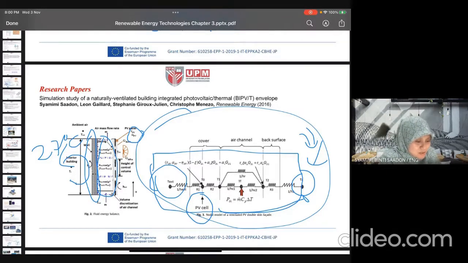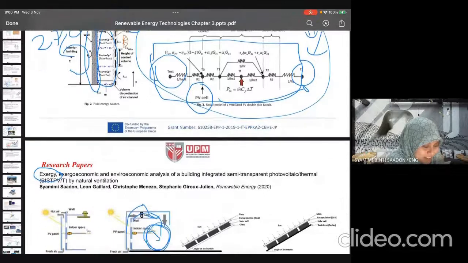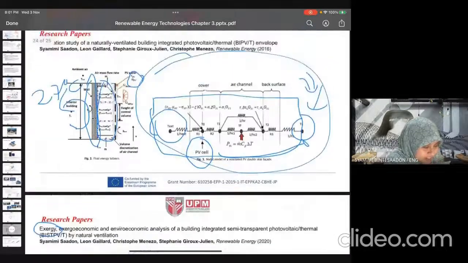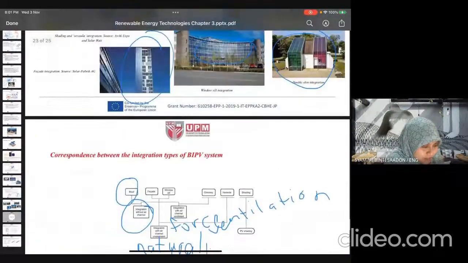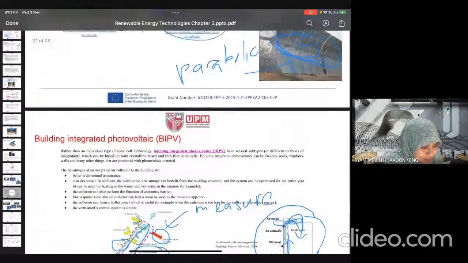So I'm currently doing research on that. So I think that's all for this introduction of solar energy.